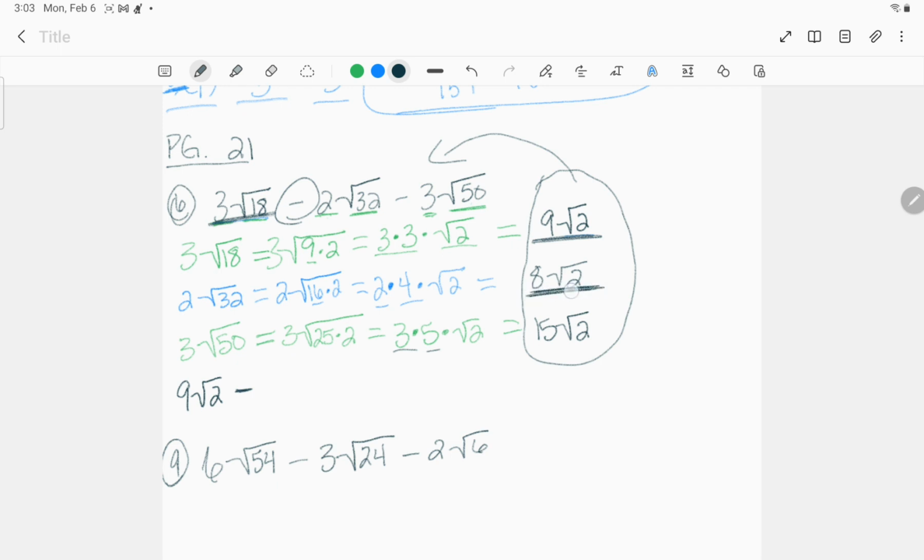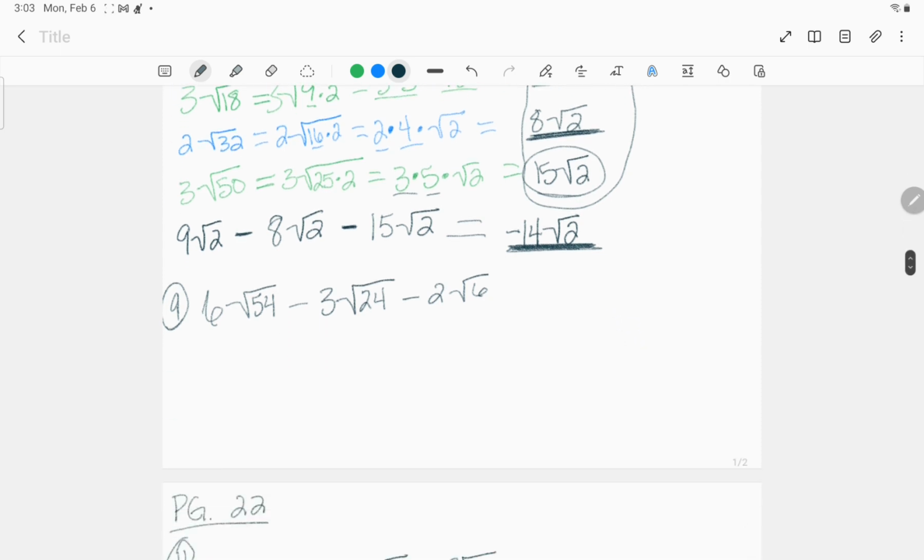Now I have 8 times the square root of 2. Bring down my negative. And then my last one is 15 times the square root of 2. So the final answer is 9 minus 8, which is 1, minus 15 is negative 14 times the square root of 2. And that is your final answer.